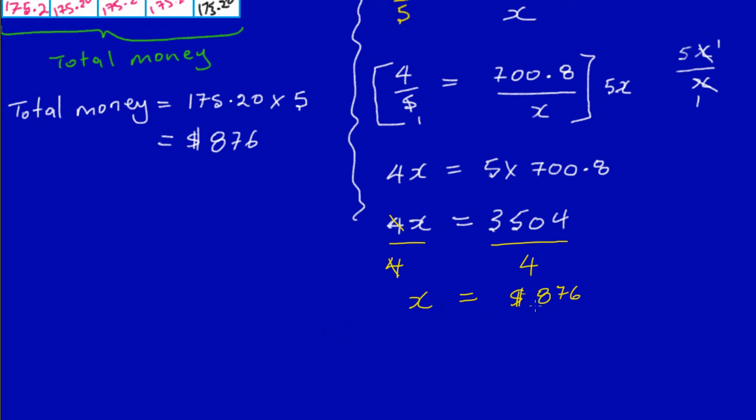So since the total money we have received is $876, you can say, therefore, the total money is $876. You don't necessarily have to write it word for word as I have it here, but you can come up with your own sentences. So it's very important when you get a problem in words, after your calculations, you must always present your answers in words.